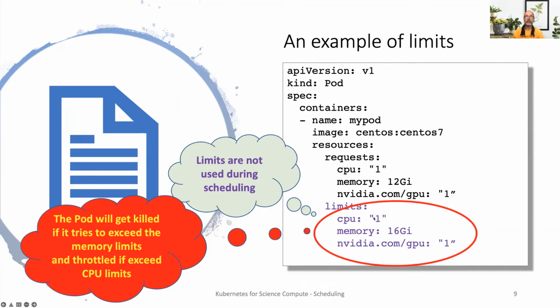Similarly, for CPU, if I put a limit that is higher than the request, I will be allowed to go up to the limit, but at that point, I will be throttled. So this is how you manage resources that are not fixed during the lifetime of the pod.